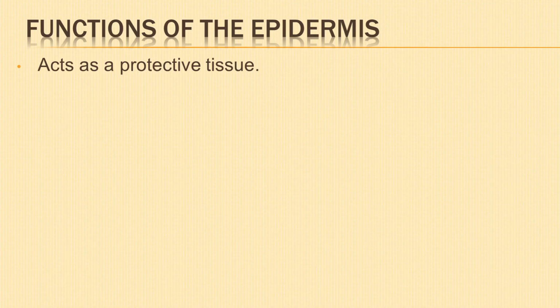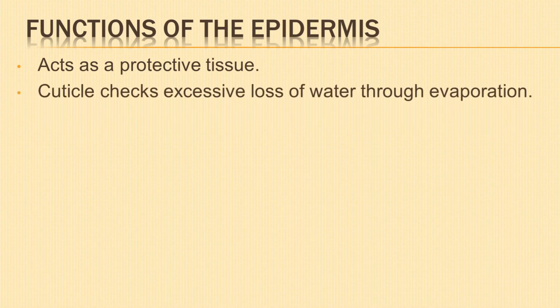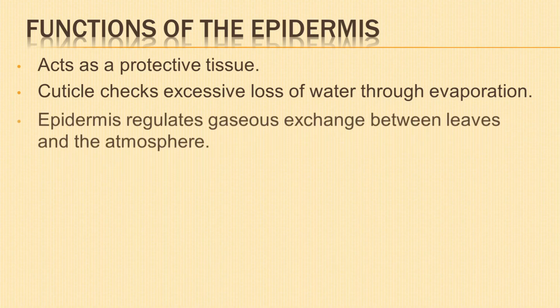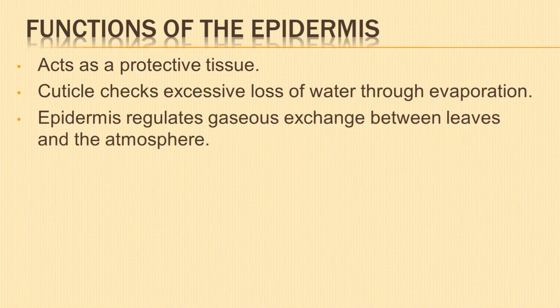The epidermis acts as a protective tissue for the entire plant body. Due to the presence of cuticle, the epidermis checks excessive loss of water through evaporation. It helps to regulate gaseous exchange like oxygen and carbon dioxide between the leaves and the atmosphere.